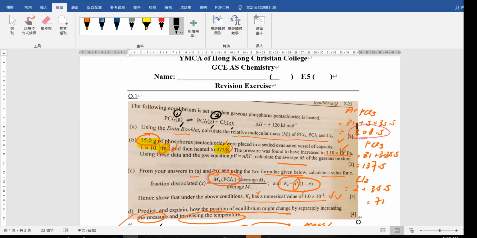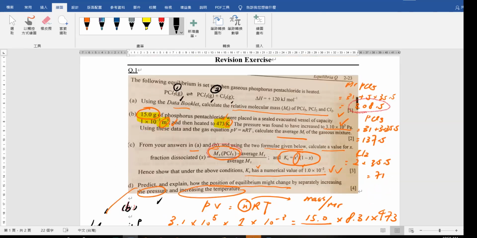So by increasing the pressure, the system doesn't like it. It wants to oppose the change by shifting to the side with fewer gas molecules. Since the left-hand side has fewer gas molecules, only one molecule there, the equilibrium position is going to shift to the left, right?